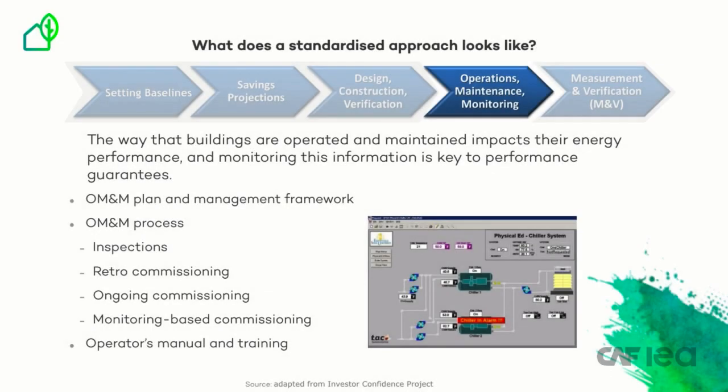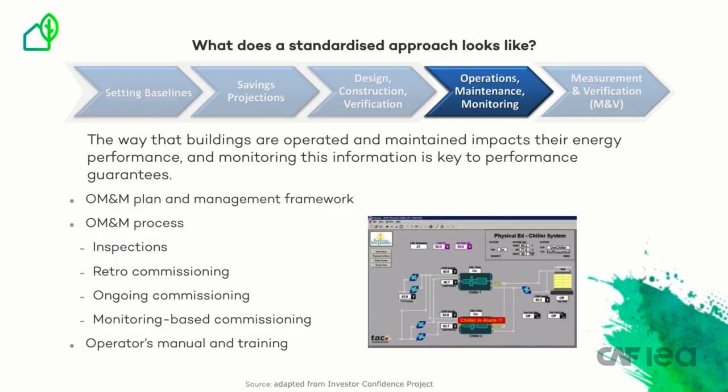The way that buildings are operated and maintained impact their energy performance. And monitoring this information is key to performance guarantees. The standardized approach must continue into the operational phase to enable investor confidence and to ensure that the building operates at a high performance level.